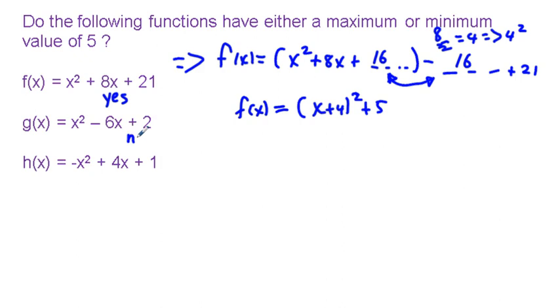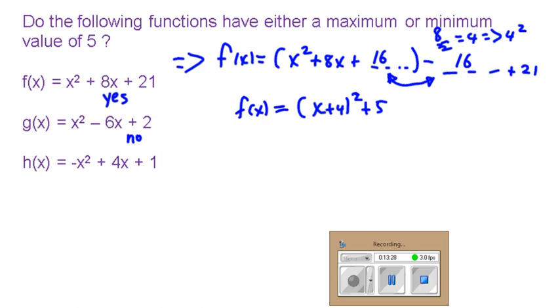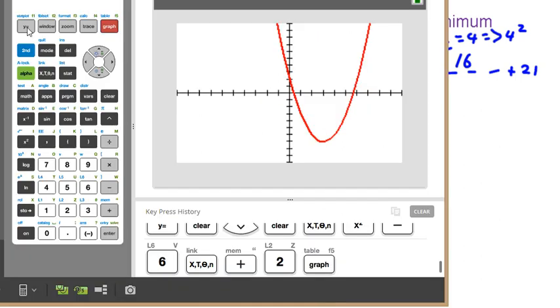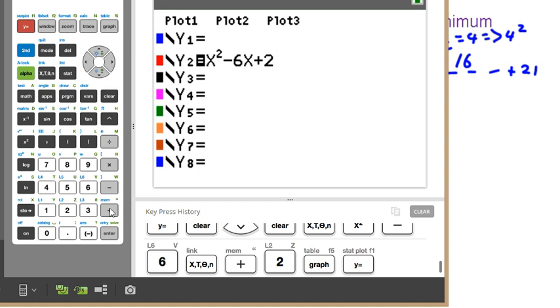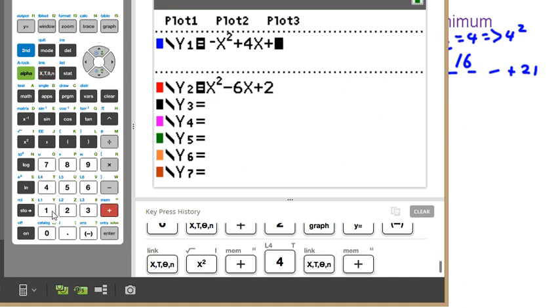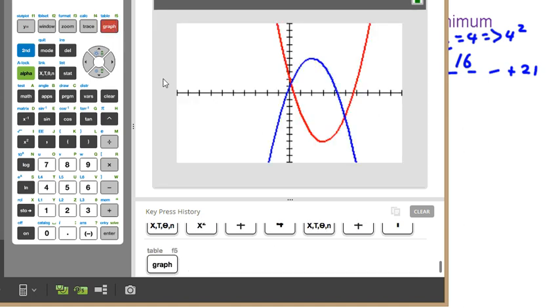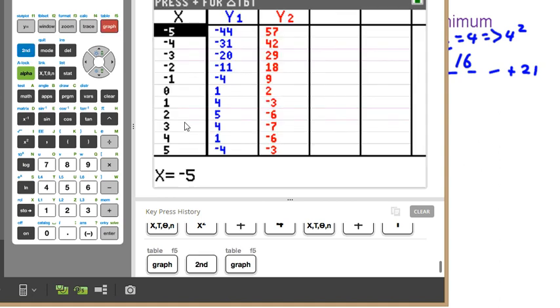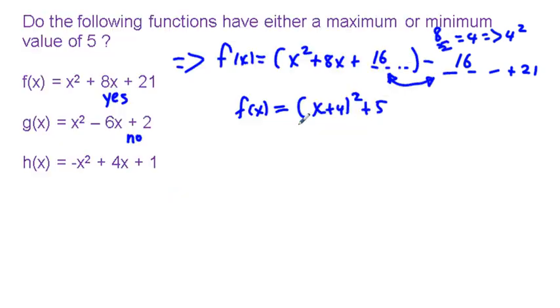So this will be a no here. Then negative x squared plus 4x plus 1. Let's look at that. Graph this. Looks like we have a maximum of 5. Let's go to the table view. Okay, looks like that maximum is 5, according to the table view, where x equals 2, y equals 5. So this third one here would be yes.